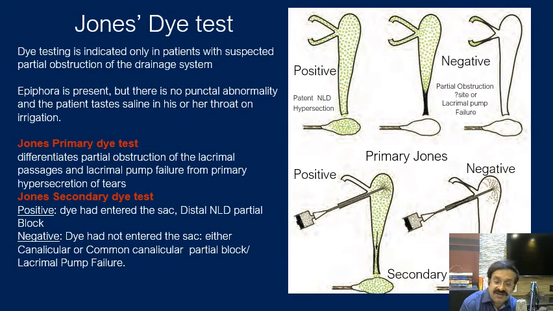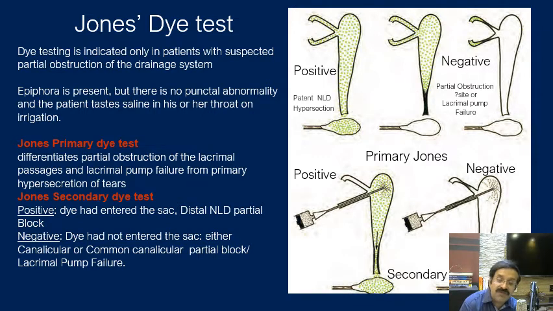Here 2% fluorescein is instilled in the eye, and a cotton tipped applicator is introduced into the nose, and we see whether the dye is collecting on the cotton tipped applicator. If the dye is collecting, it means that the patient has a patent tear drainage system.